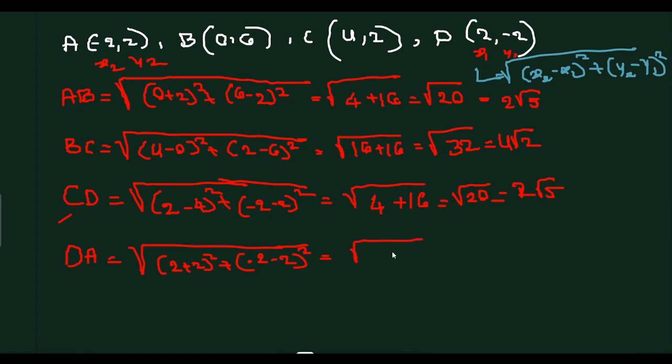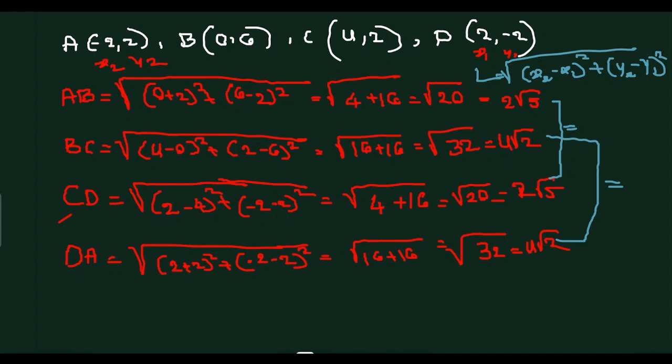Now 4 square is 16 and it is 16 and then becomes 32. Again, I can write 4 root 2, right? And here you can notice one more thing, that these two are opposite sides and these two are opposite sides, right? So parallel sides lengths are equal. So these are the lengths.